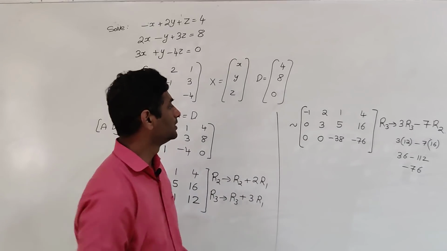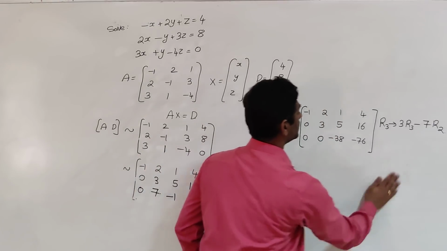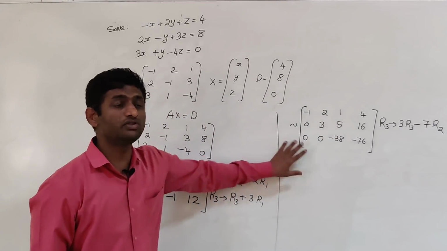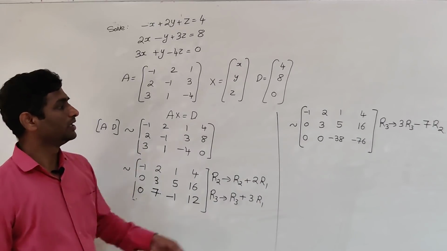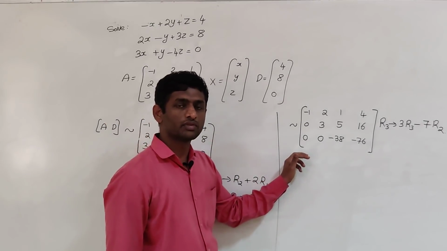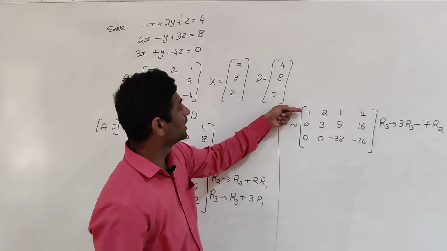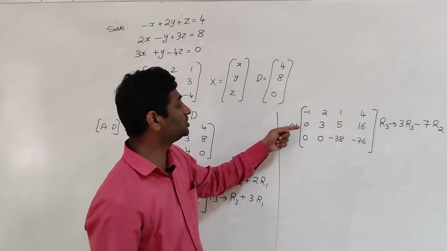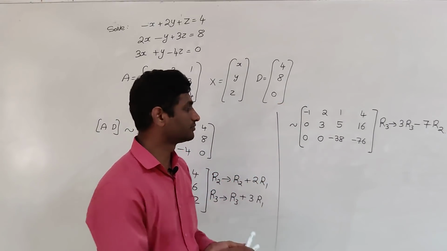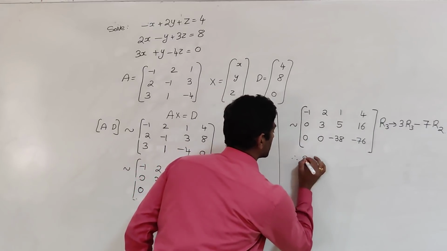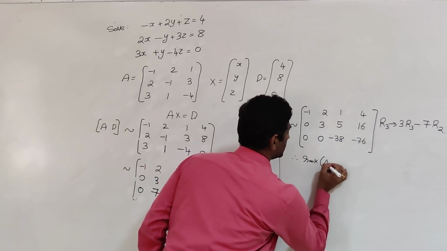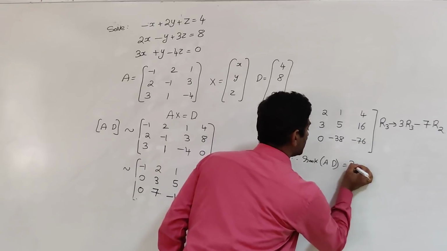Now, it is in echelon form. So, what is the rank of the augmented matrix? It is 3, because the number of non-zero rows is 3. So the rank of [A|B] is 3.